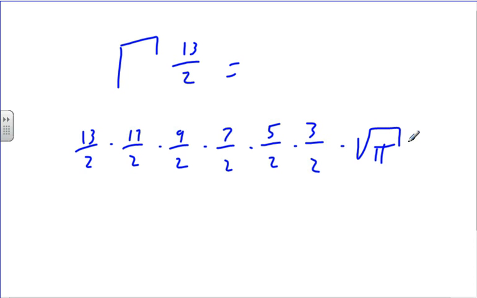Ta-da! So that's how I would solve that problem. But if I had something other than halves, I couldn't use the square root of pi anymore, and I'd have to go to my gamma table. Maybe next class period I'll remember to bring it. Maybe I won't.